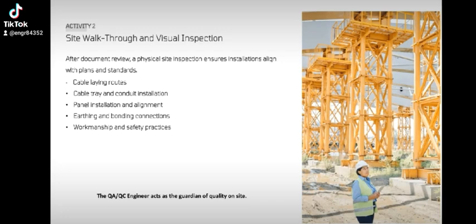This inspection includes the inspection of cable laying routes, cable trays, and conduit installation, panel installation and alignments, earthing and bonding connections, workmanship and safety practices. This activity ensures installation aligned with drawings, specifications, and international standards. The QAQC acts as the guardians of quality.